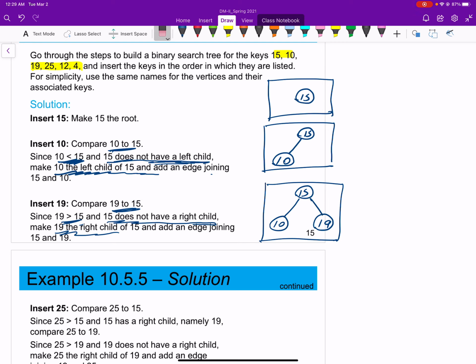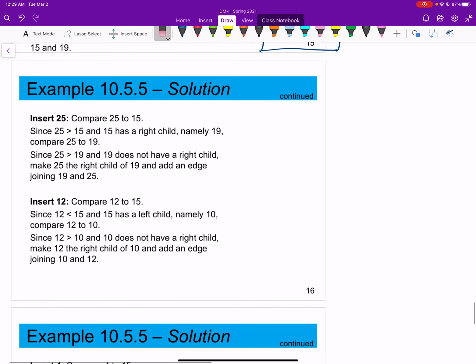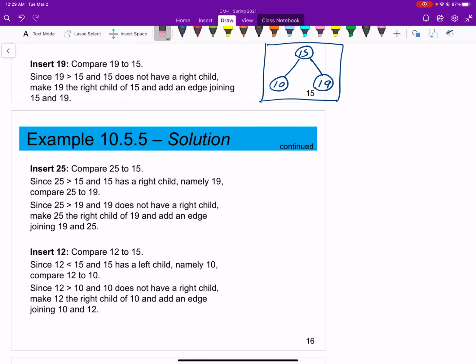All right, now go to the next step. You have 15 here, you have 10 here, you have 19 here.